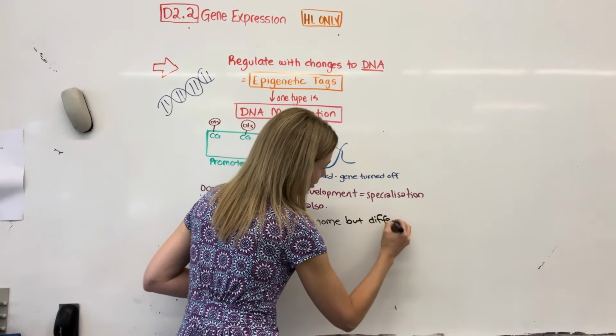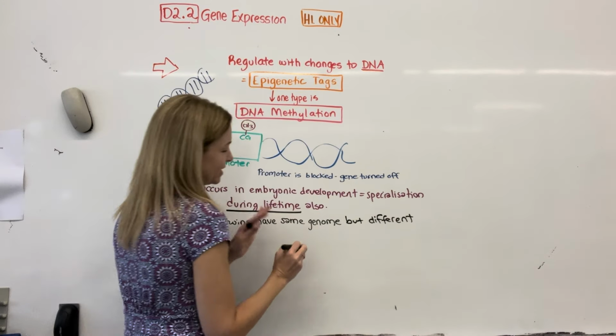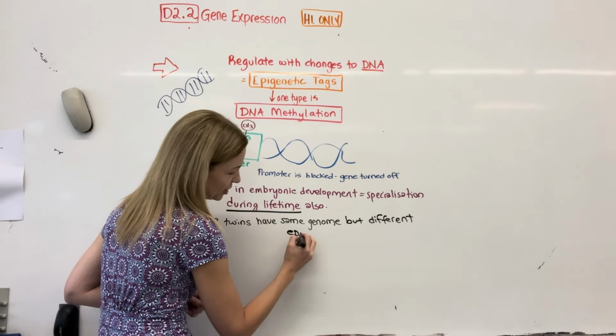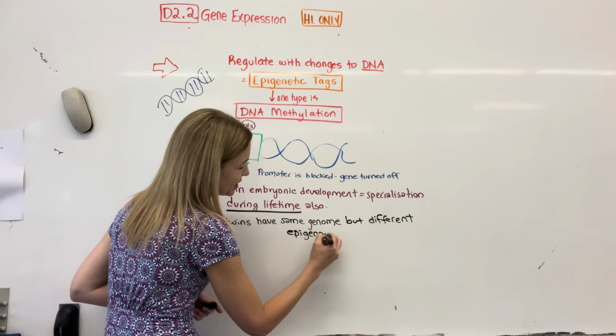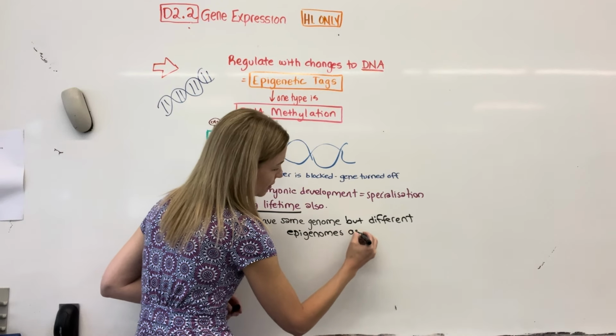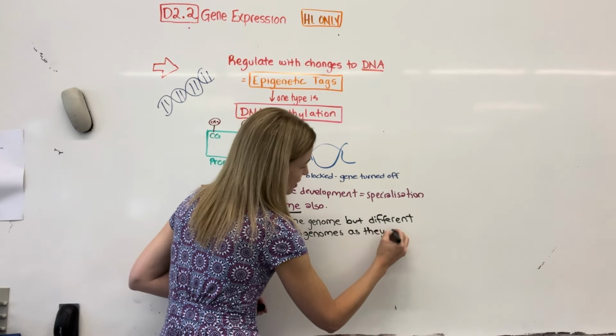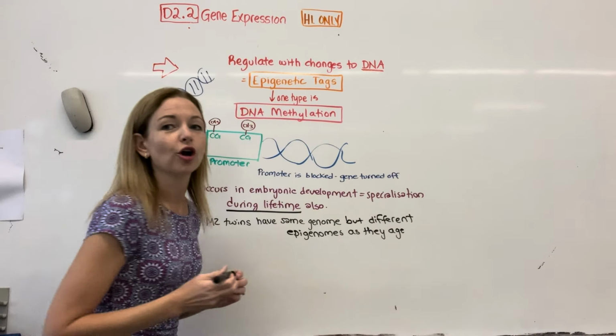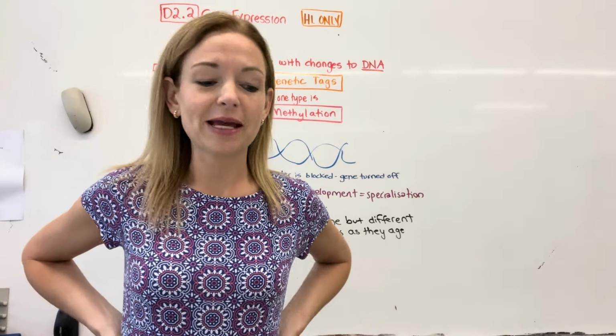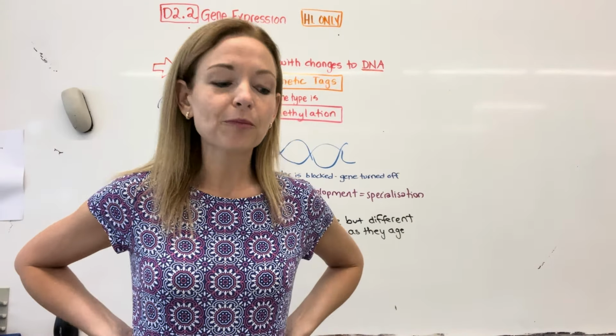So monozygotic twins are going to have the same genome but different epigenomes, and again, particularly as they get older. As we get older, we turn genes off and on differently based on our experiences.